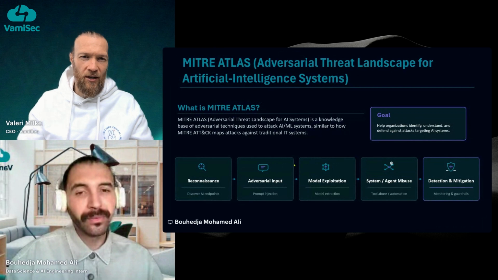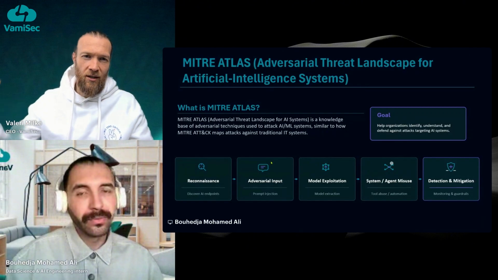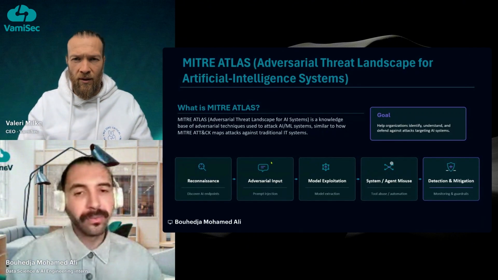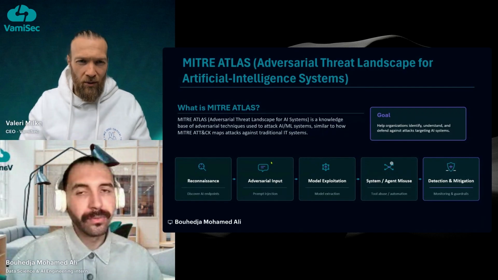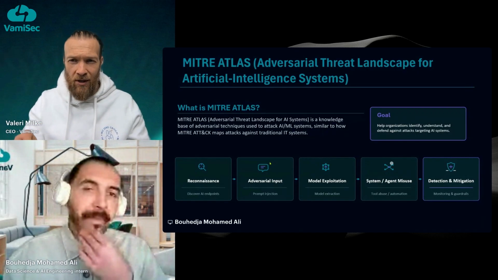Then he tries to get a foot in the door, maybe with phishing attempts and so on and so forth, just trying to get the first success. After that, he tries to exploit different systems and then performs lateral movement. So this is the traditional stuff, and here it's quite similar.